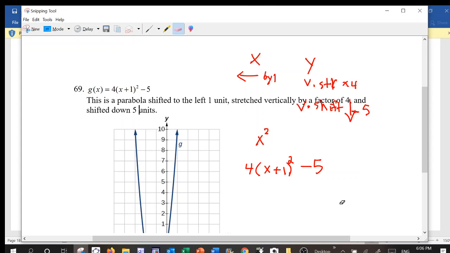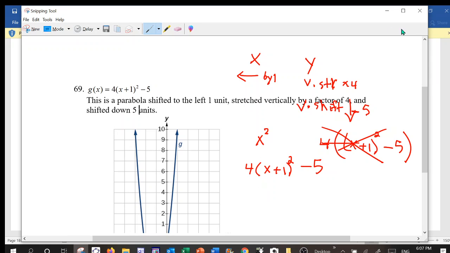Because if I shift down first and then multiply the right hand side by 4, then I'm going to have to multiply that by 4 too. So the order does matter. In this one, this is not correct. This is the correct answer, right?